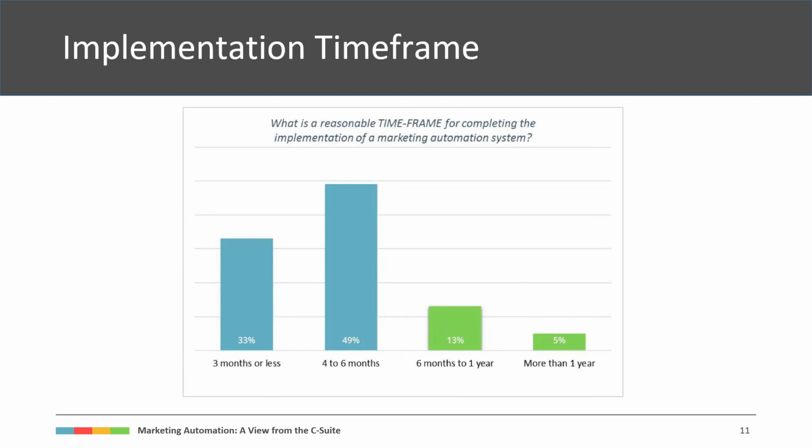Ours usually don't take that long, typically because we are leveraging something like ClickDimensions and its embedded nature into Dynamics 365. So we see the ability to actually do it in shorter time frames relative to what the survey says. So that was the research that we collected.